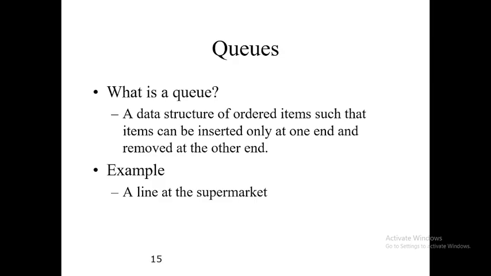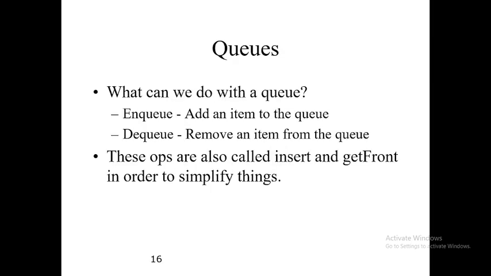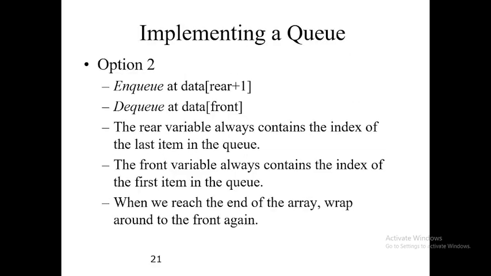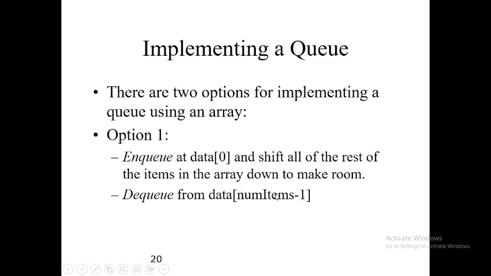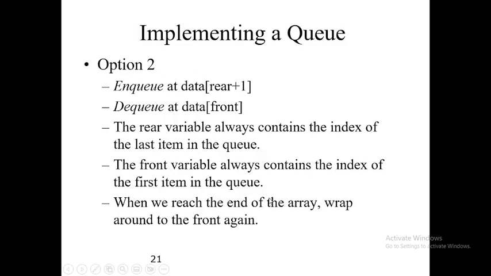That's the representation. You can represent it like this, with either rear or front end. This is option 2. Which method you follow is up to you. Whether you use the rear and front terminology, or the normal terminology, data of 0 or number of items minus 1, you just select it.